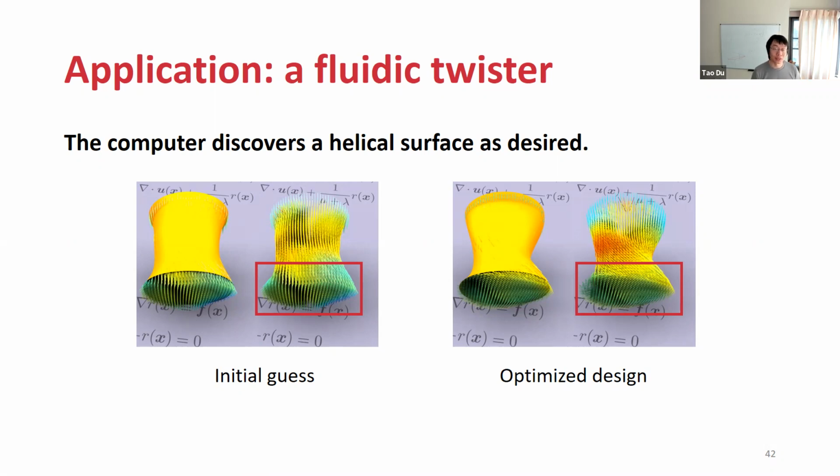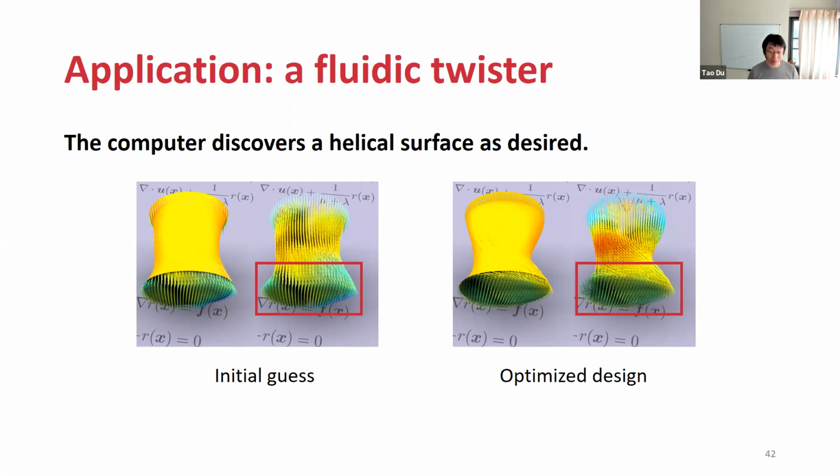And the goal of this design task is to come up with a fluidic twister such that we can observe a non-zero curl at the bottom of the pipe by carefully updating the surface shape of the pipe.